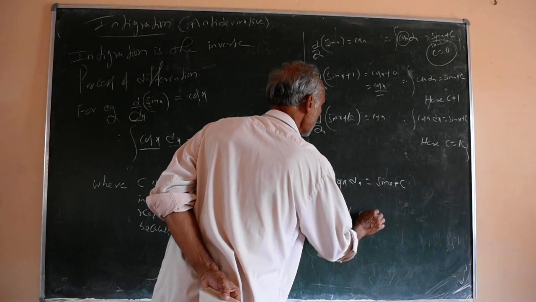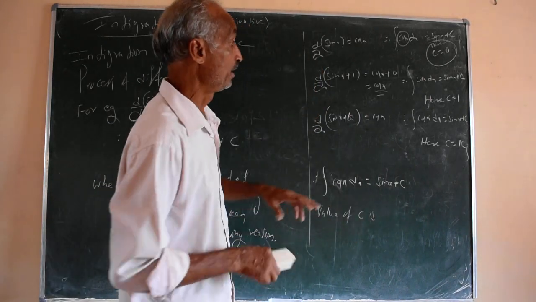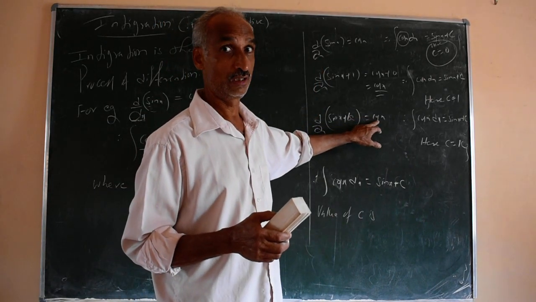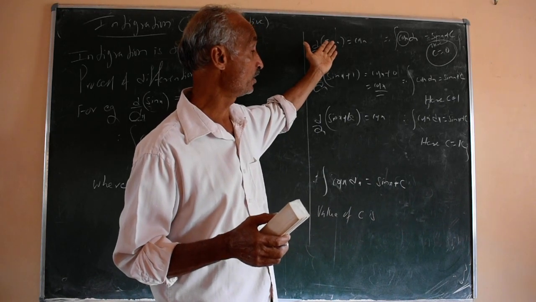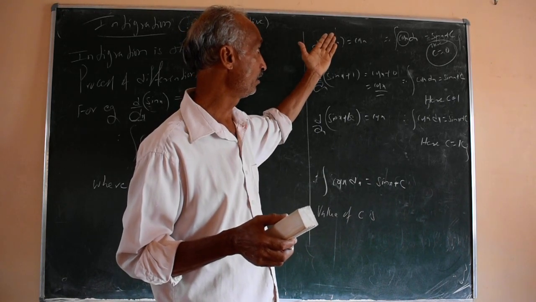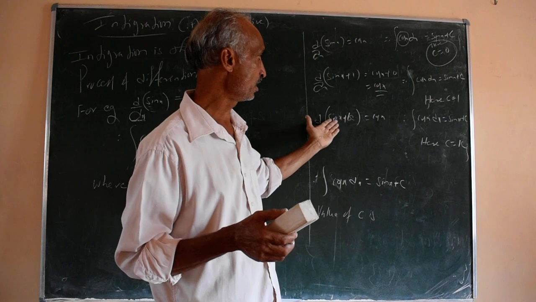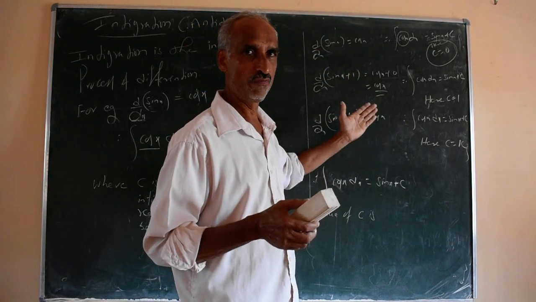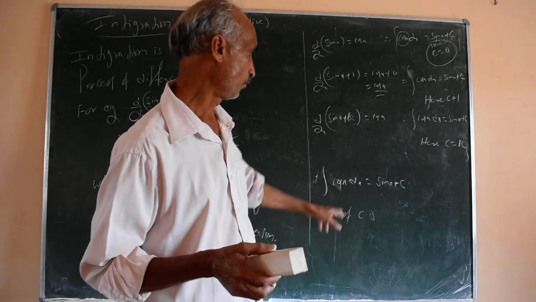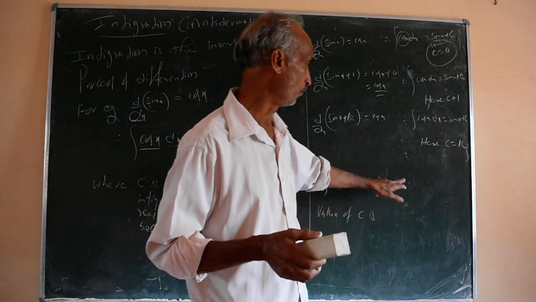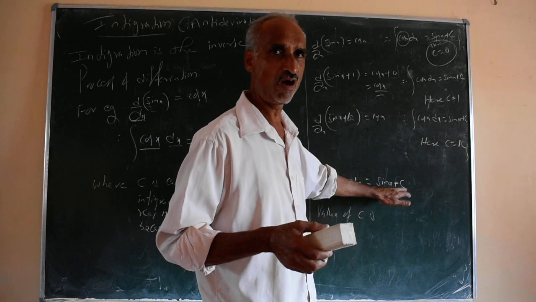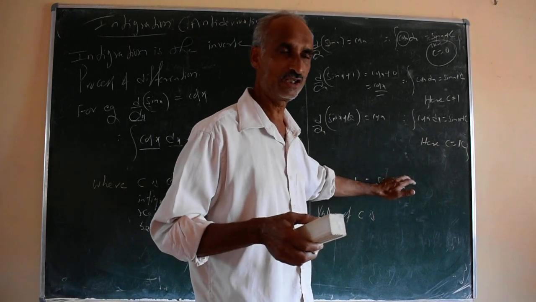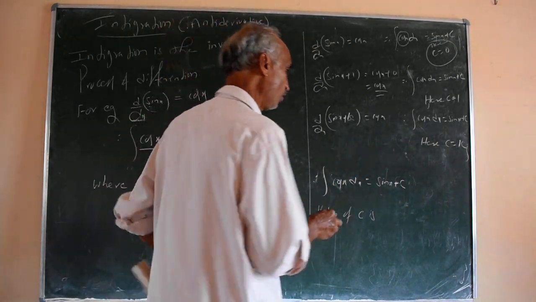I simply have the integration of cos x, so which function was actually differentiated is unknown. Whether sin x, sin x plus 1, or sin x plus k was differentiated, for everything the differential coefficient is cos x. Therefore, I can't take c as k, or as 1, or as 0, because the value of c is unknown.